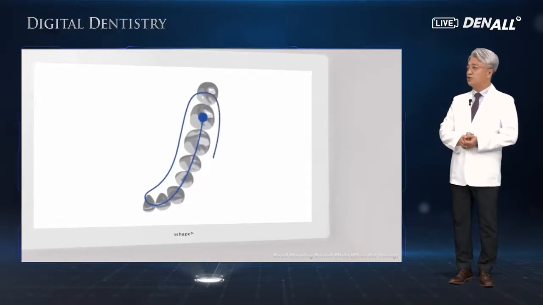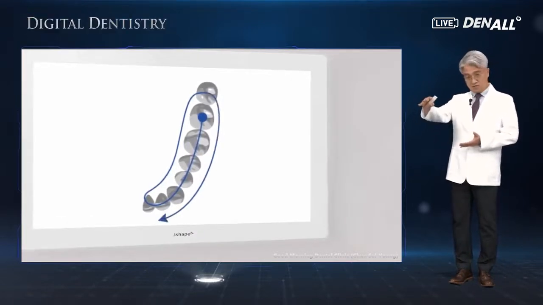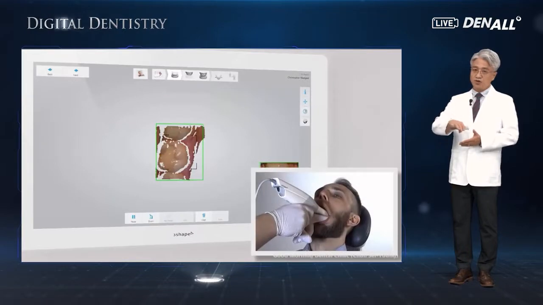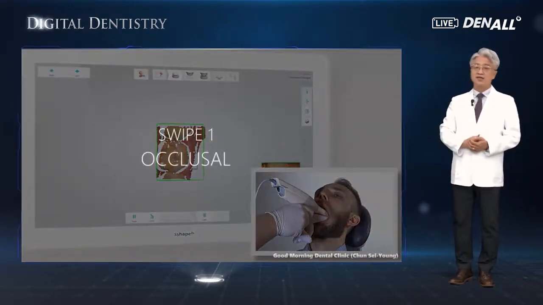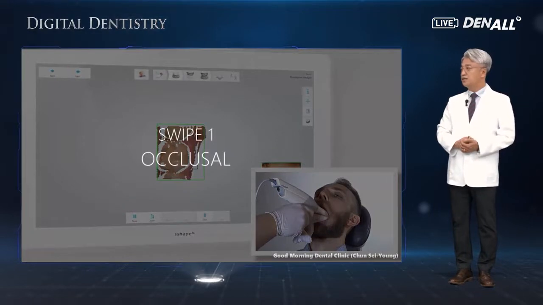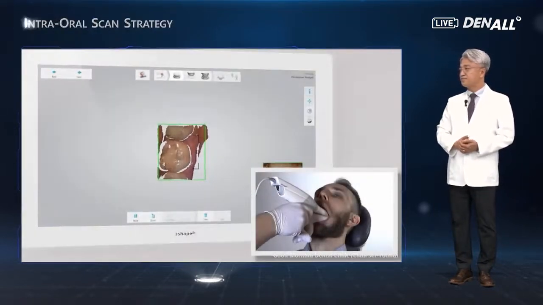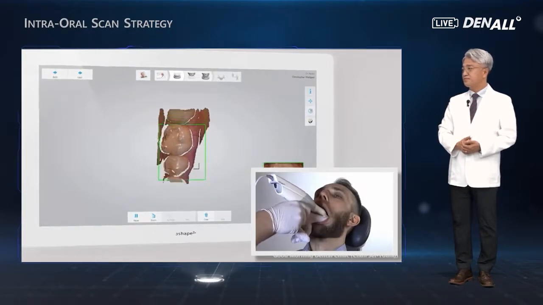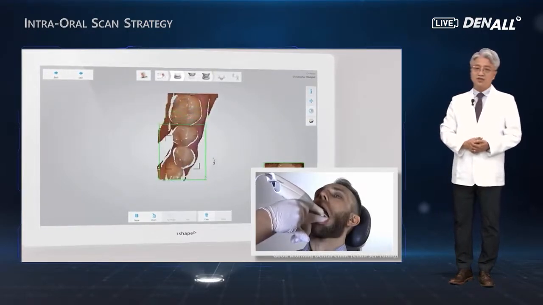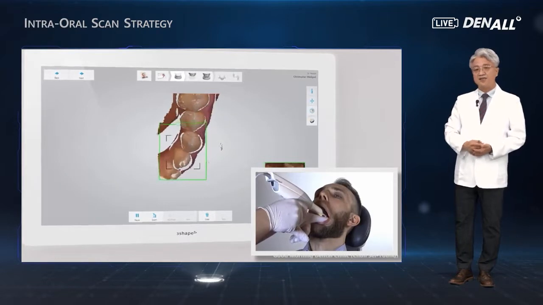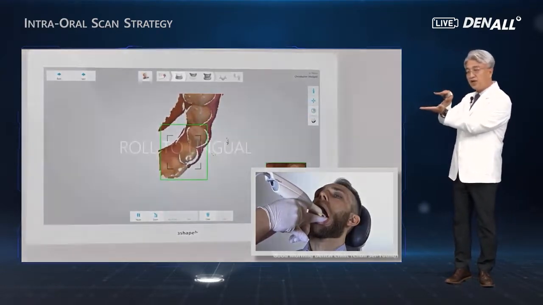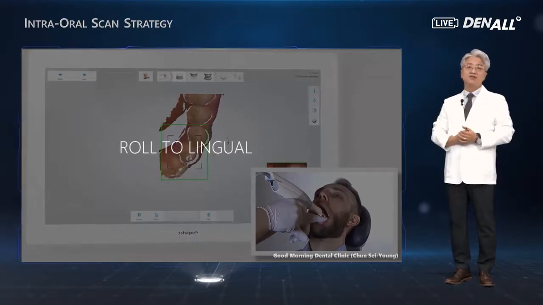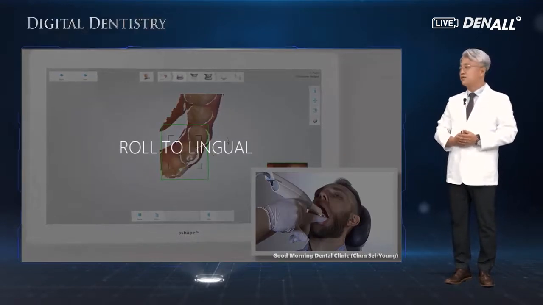Scanning starts from the posterior occlusal surface, then lingual and then buccal at the posterior to acquire data. Now, to scan the posterior occlusal surface, run the scanner in parallel to the surface to get precise data.